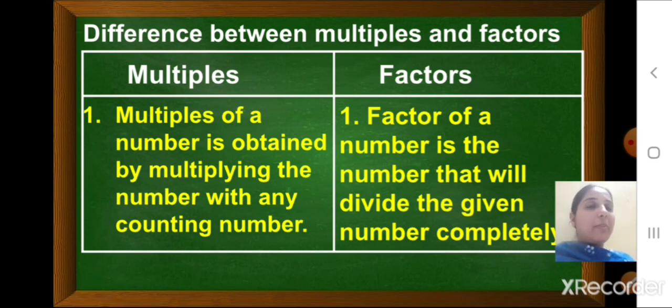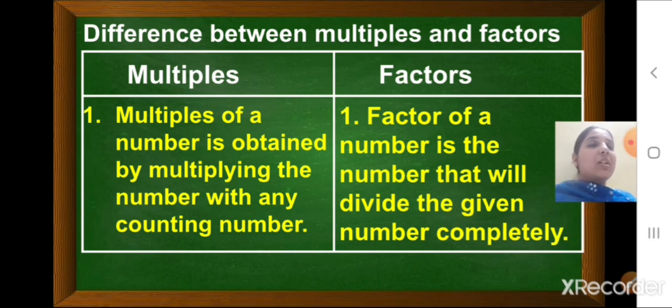We get the multiple of a number by multiplying that number by any counting number. Whereas how do we find the factors? A factor of a number is the number that will divide the given number completely. Okay, so the factors of a multiple divide that number completely without leaving any remainder.